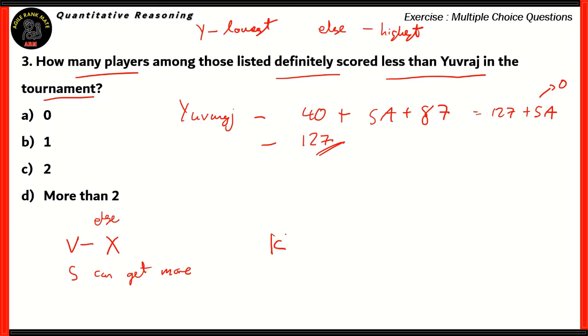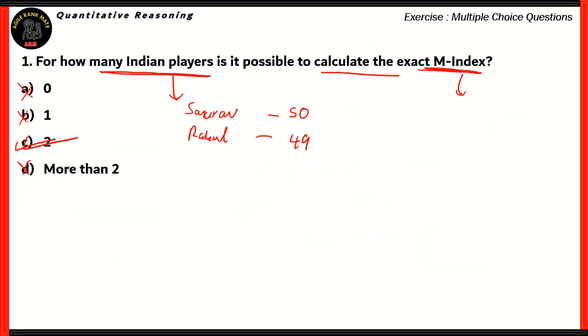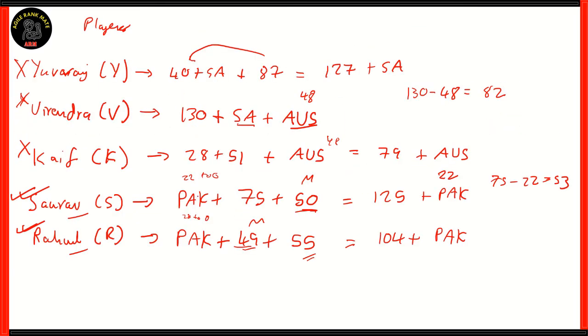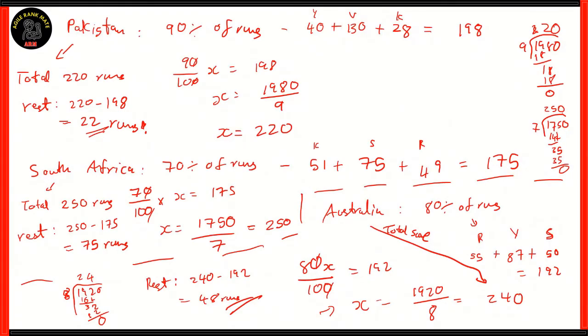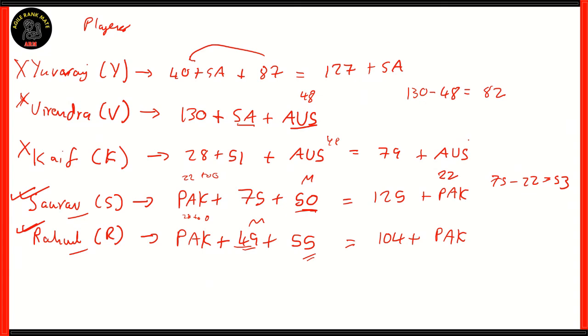Now what about Kaif? If we look at Kaif's score sheet, we have 28 and 51. That gives you 79 plus the runs against Australia. Now in Australia, the third highest score was by Saurav with 50. So, since the rest of the team scored 48, we can definitely add 48 to Kaif's scorecard.